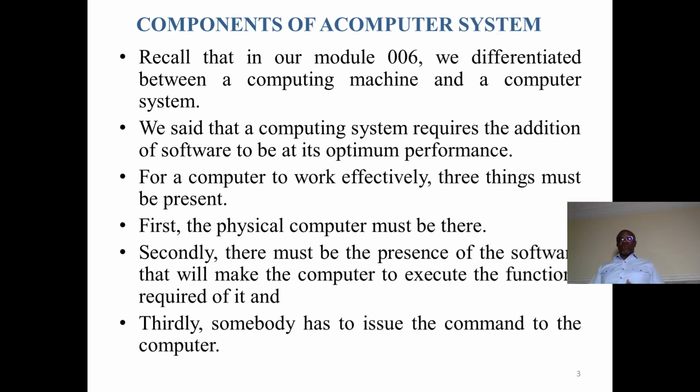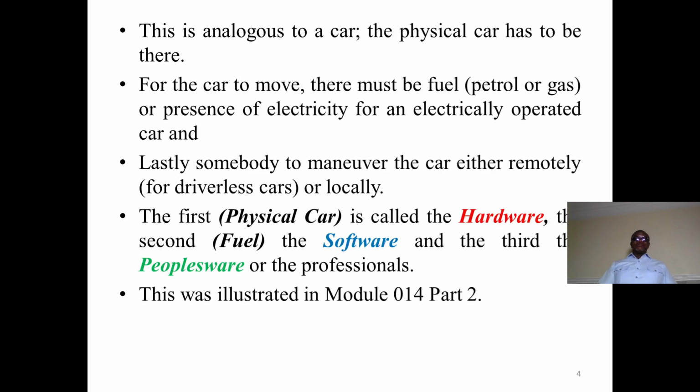For a computer to work effectively, three things must be present. The first one, the physical computer must be there. The second one, there must be the presence of a software that will make the computer execute the function that is required of it. And thirdly, somebody has to issue the command to the computer.